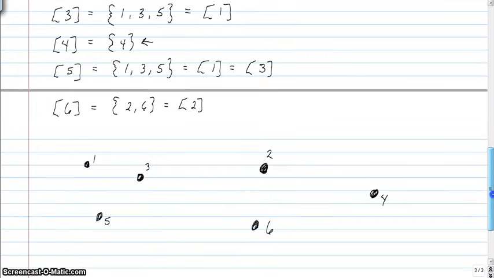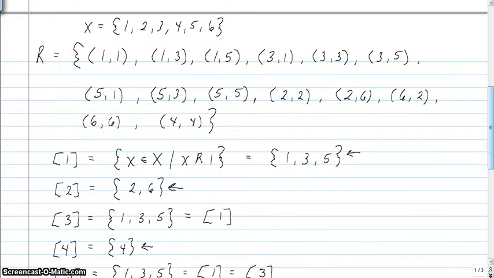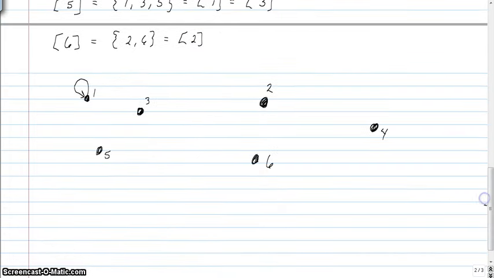So what do we have? We have each of these related to themselves. That's true for every element: 5, 5, 6, 6, 2, 2, 4, 4. So every vertex is going to have a loop.